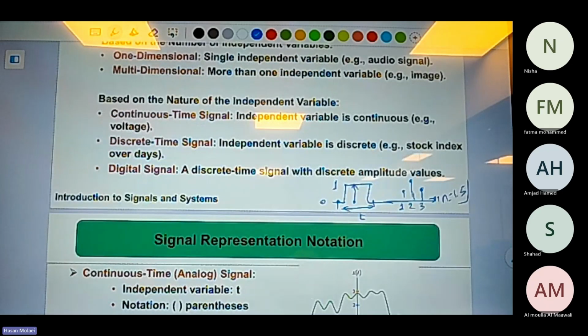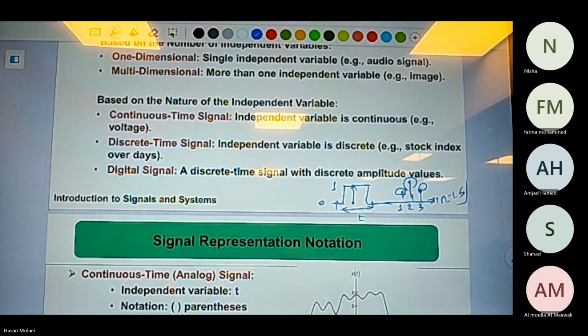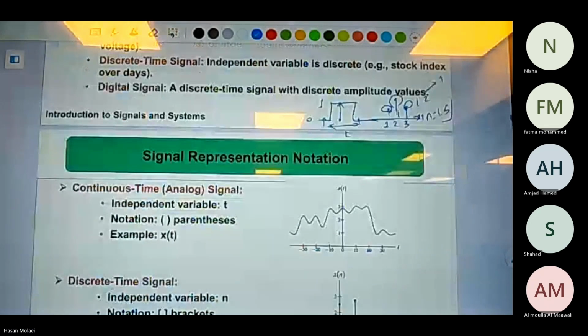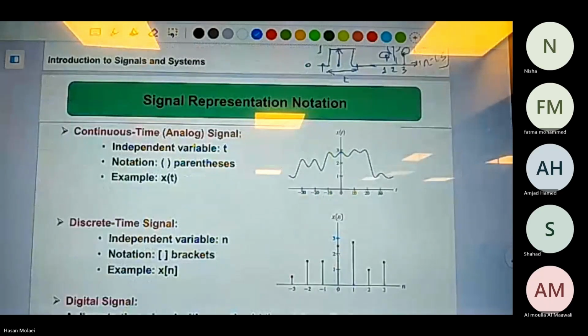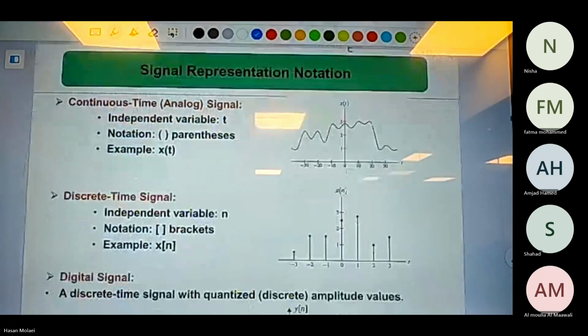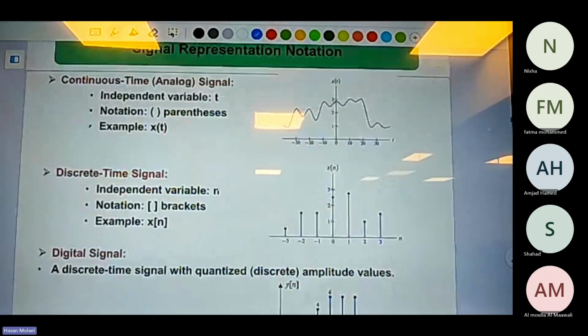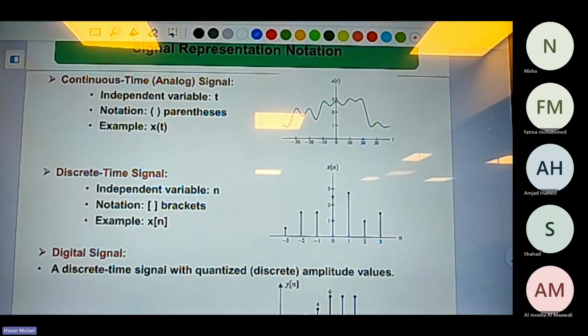In a digital system, the dependent values are also integer numbers. They should be only integers 1, 2, 3. These are examples of continuous and discrete time.